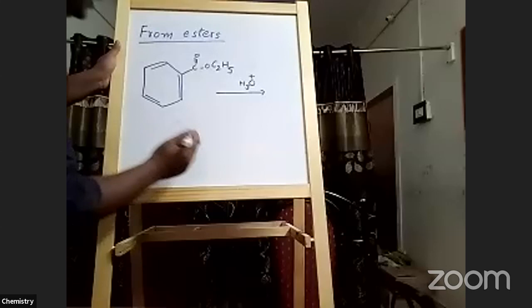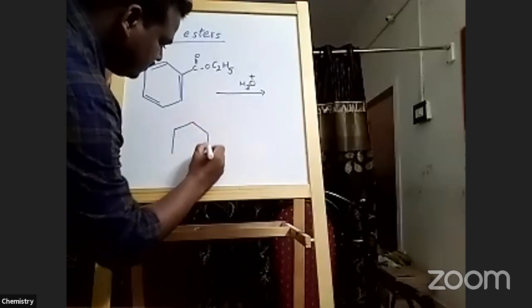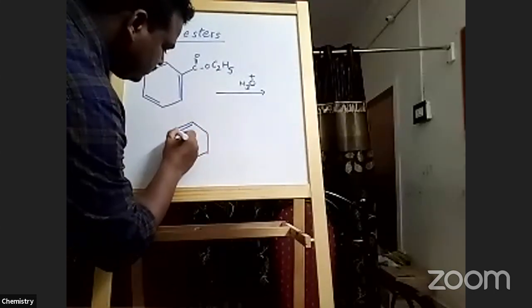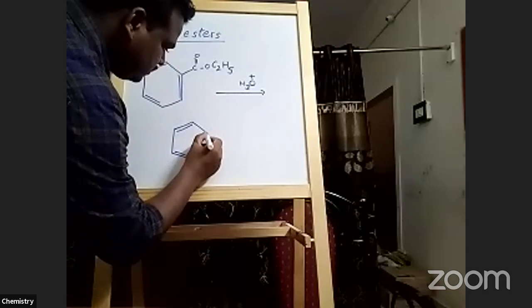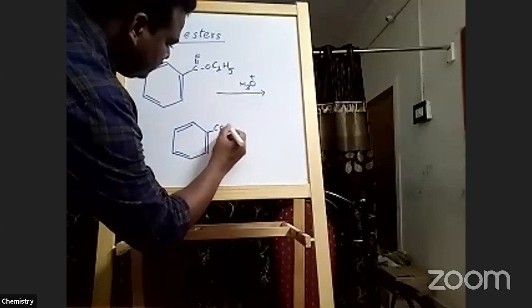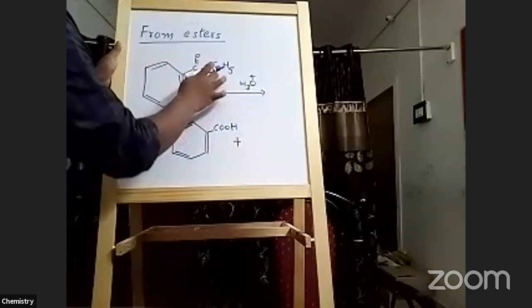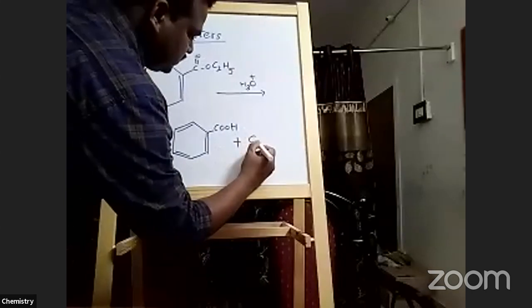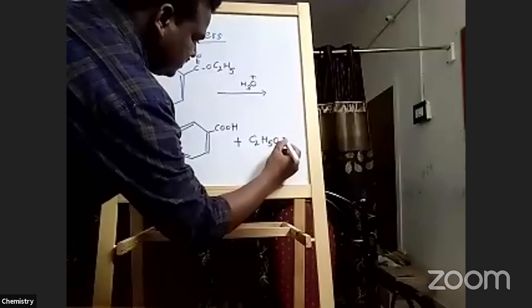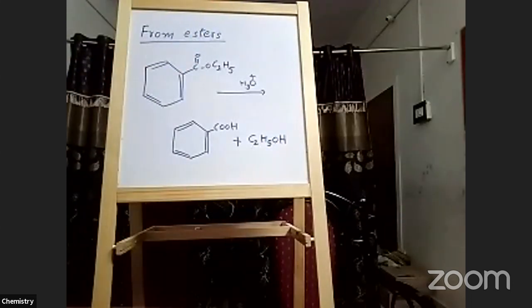So write down the products here on the benzene ring. COOH, Nana, and next plus C2H5OH. So this is the reaction.